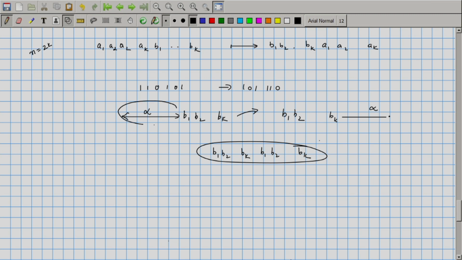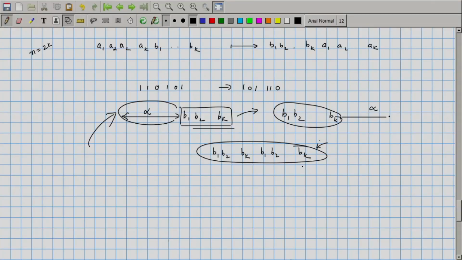The first part should become B1, B2, BK and the last part automatically is, by definition of the problem, B1, B2, BK. Therefore, all these nodes have to pass through B1, B2, BK followed by B1, B2, BK. So, this node is going to route many packets.